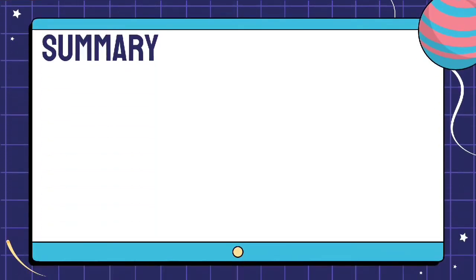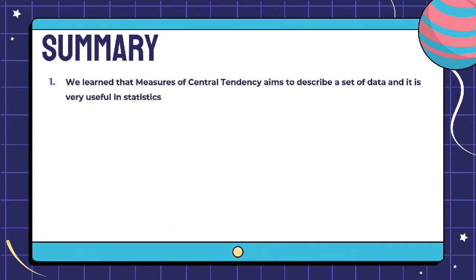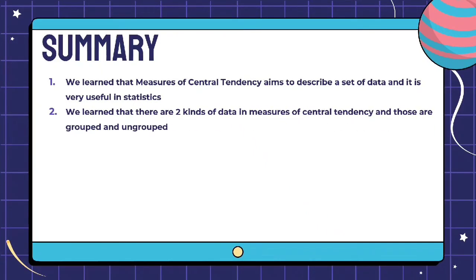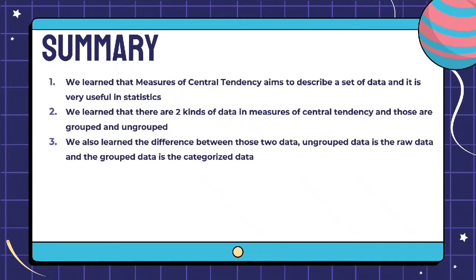Now for the summary. We learned that measures of central tendency aims to describe a set of data, and it is very useful in statistics. We learned that there are two kinds of data in measures of central tendency, and those are grouped and ungrouped. We also learned the difference between those two datas.